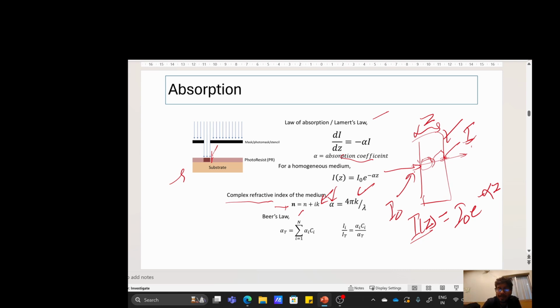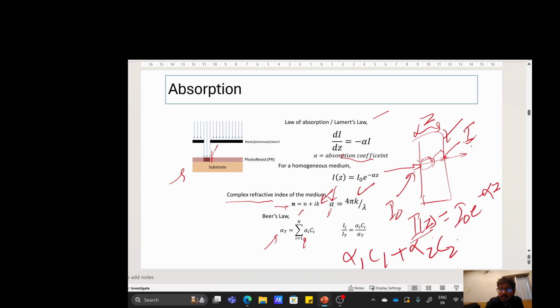So the total absorption coefficient alpha will be equal to alpha 1 c1 plus alpha 2 c2 plus alpha 3 c3. This kind of sum you will get, where each alpha is the absorption coefficient corresponding to that material, and c1 is the concentration of that material in the film.